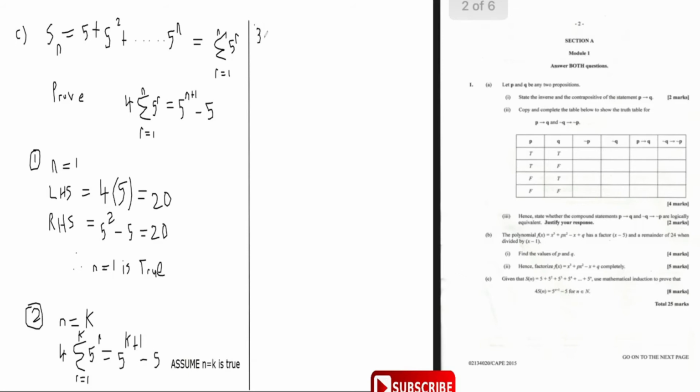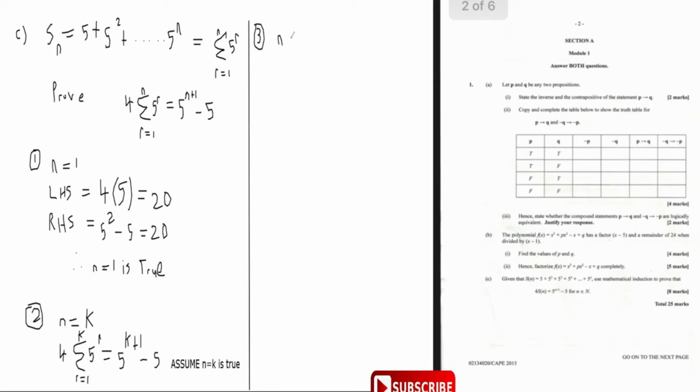All right, now let's go to step 3. Step 3 now, we need to show that n equal k plus 1 is true if n equal k is true. For n equal k plus 1, we're supposed to get 5 to the k plus 1 plus 1 minus 5, so pretty much we need to get 5 to the k plus 2.